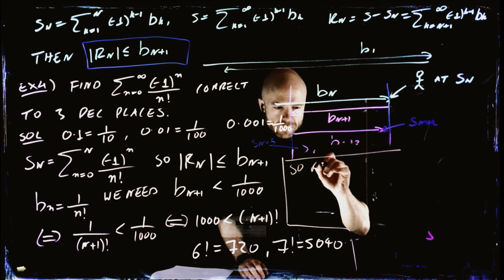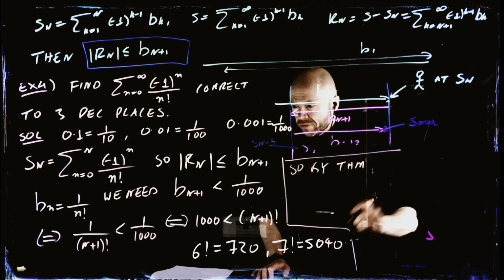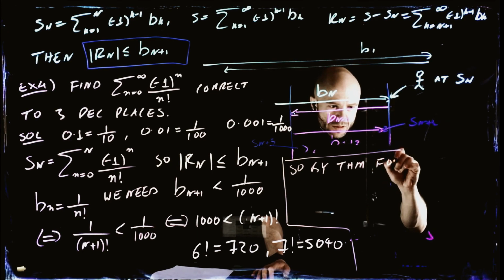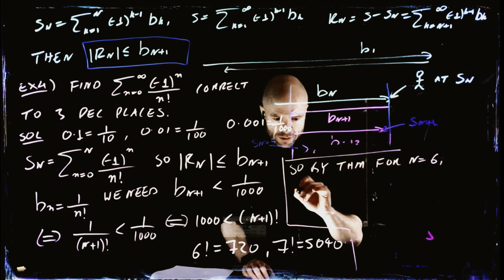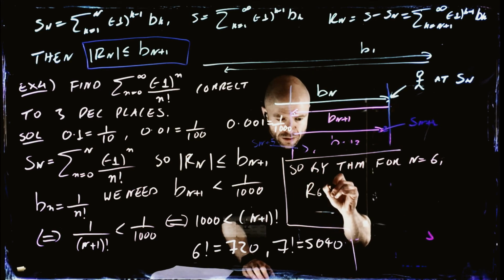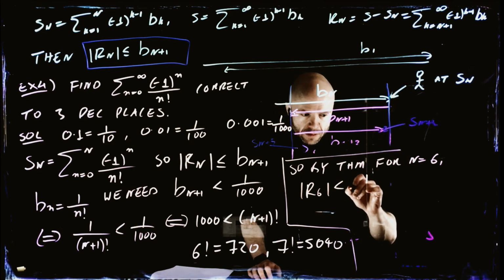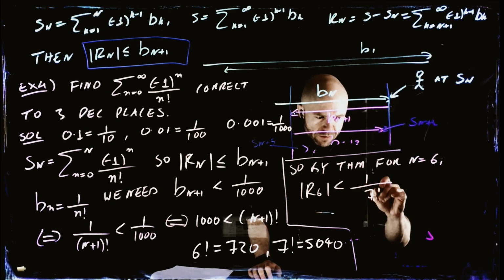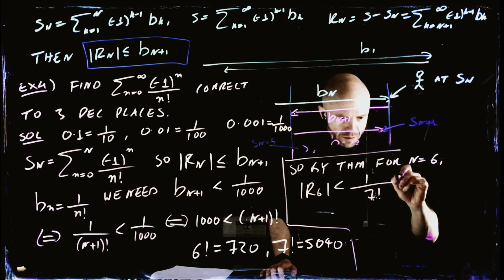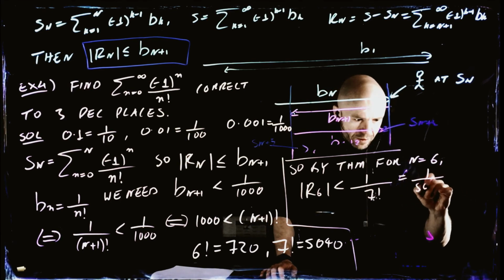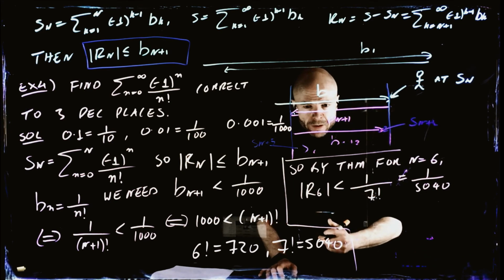So, by theorem, we have that for n equal to 6, the absolute value of the error is less than 1 over 7 factorial, which is equal to 1 over 5,040. So that is the error that we require, right?